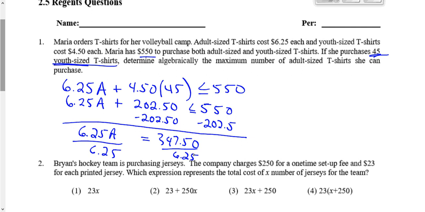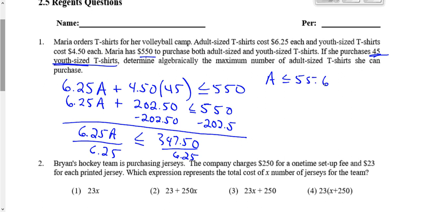And you get, oh, look what mistake I made, kids. It's not equal. See, it's really easy to do. So less than or equal to, right? So we have A, the number of adult shirts, less than or equal to, is it 55.6?